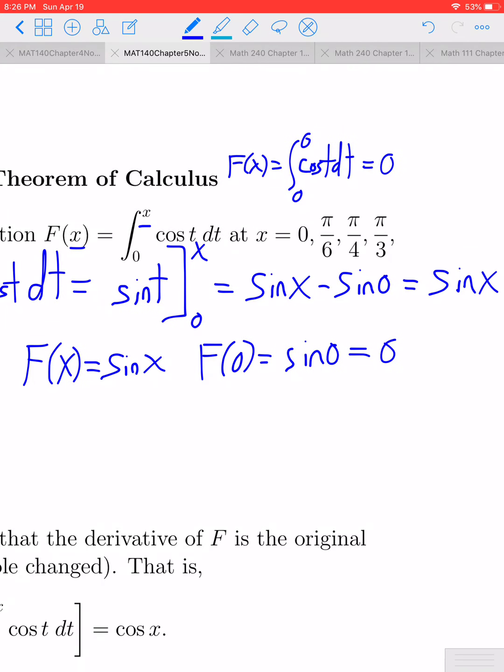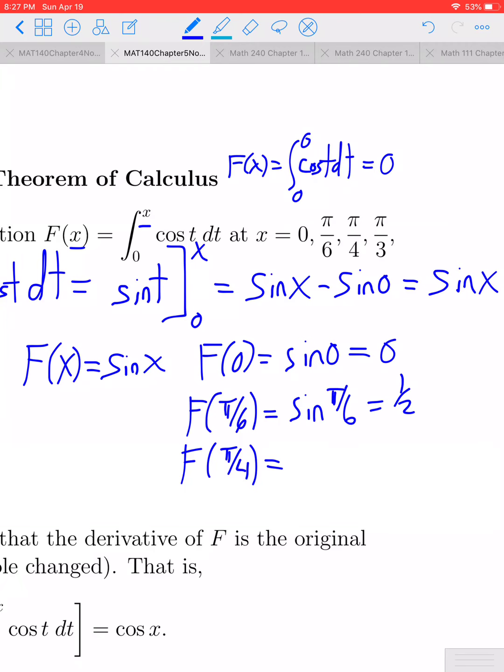If we plug in pi over 6, the sine of pi over 6 is equal to a half. F of pi over 4 is the sine of pi over 4, which is equal to the square root of 2 over 2.